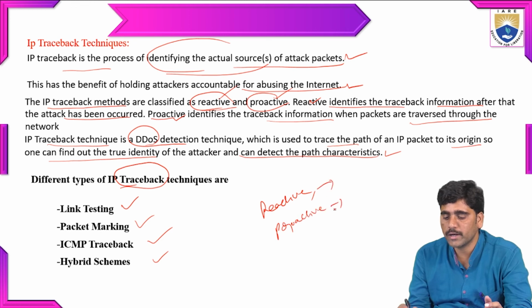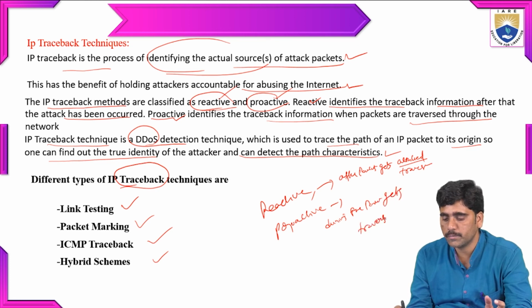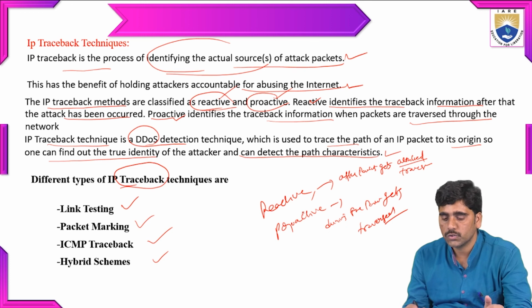The reactive mechanism is performed after packets get attacked or after packets get traversed, but the proactive mechanism works while the packets are being traversed. So these are the two types of traceback mechanisms, reactive as well as proactive.